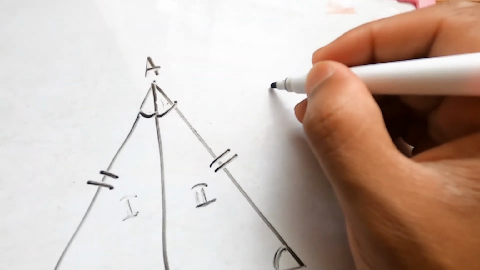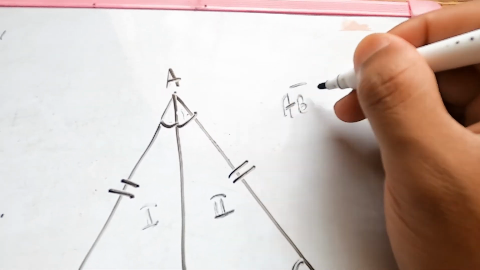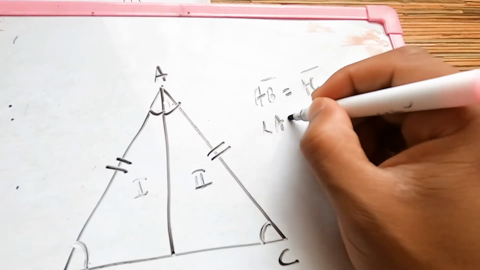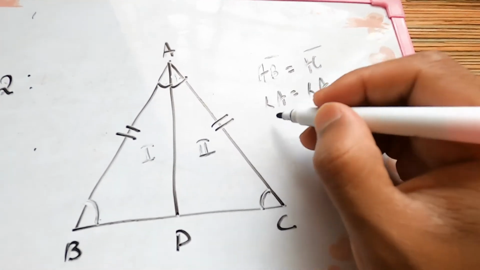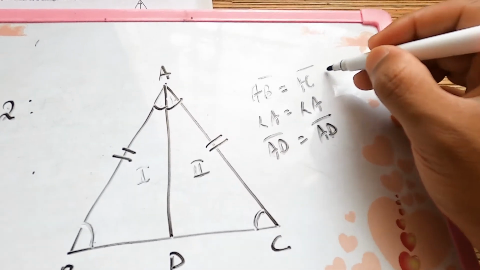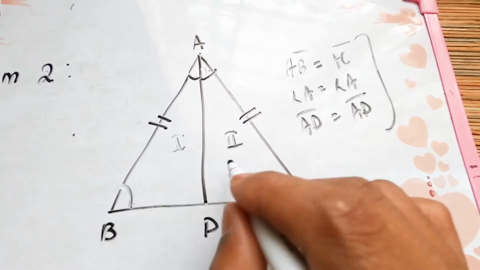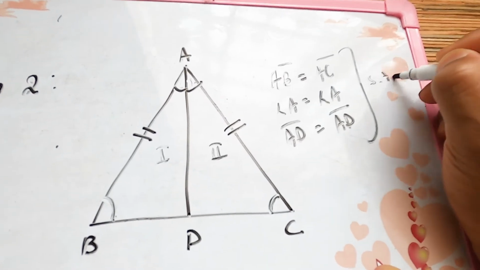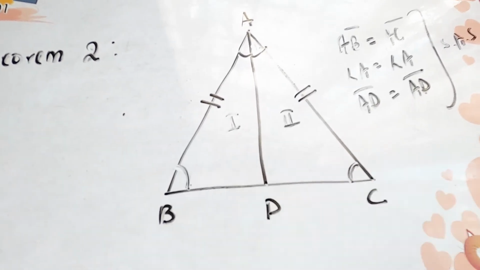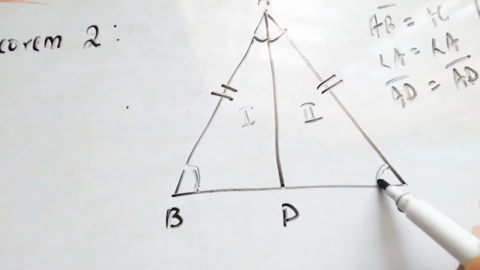So I will just write here: side AB is equal to side AC, then angle A is equal to angle A, and then AD is equal to AD. So the two triangles are congruent, by which property? Side angle side. So the two triangles are congruent to one another, therefore angle B will be equal to angle C.